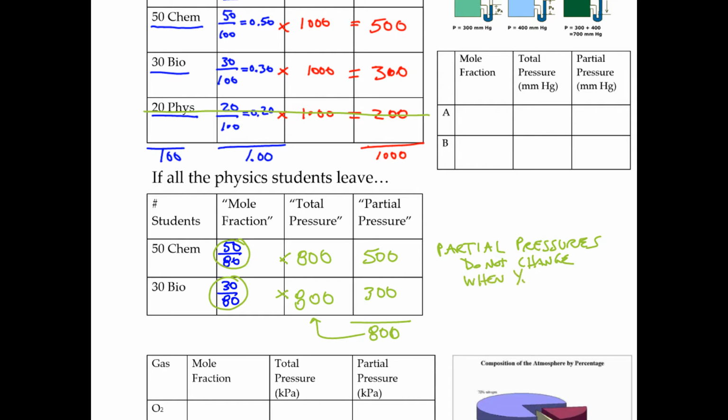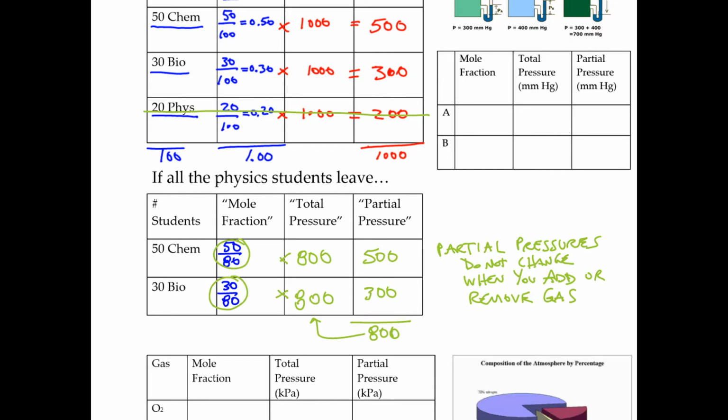So if we repeat the story, and we had some math students come in, they would add in their partial pressure, but it wouldn't change the partial pressure of anyone else. So partial pressures do not change when you add or remove gas.